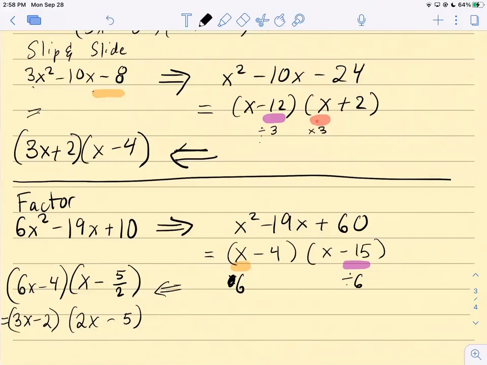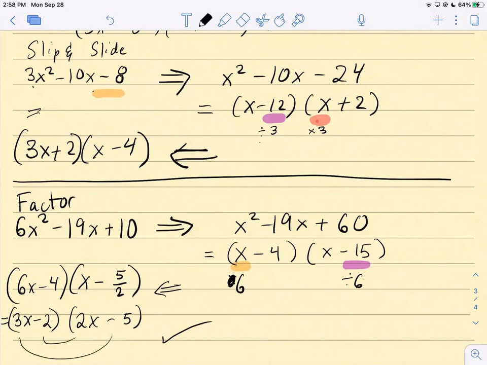You could have done something instead of dividing by 6, like dividing by 3 and 2 on separate pieces at once, but I'd rather just readjust it. And then if you double check, if you FOIL this out, you get negative 4 minus 15, and it adds up to negative 19.